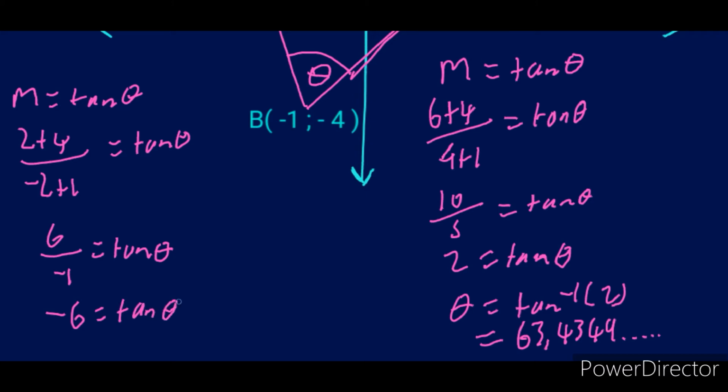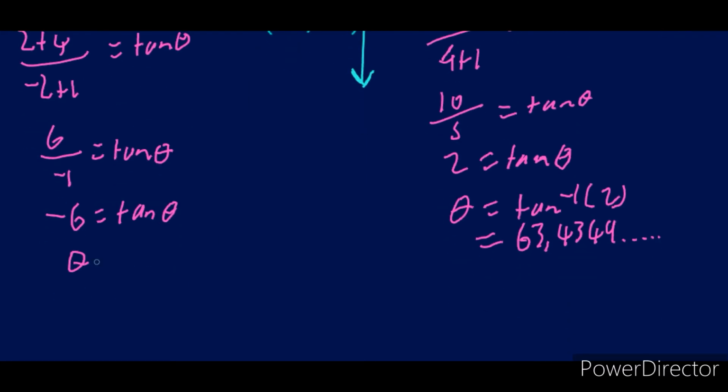In order to find theta, we're going to use inverse tan. So we'll say inverse tan -6. Let's find out what that gives us. This is going to give you minus 80.5376. Now notice we have a negative angle. You don't have to round off; I actually didn't write down the other decimal places.